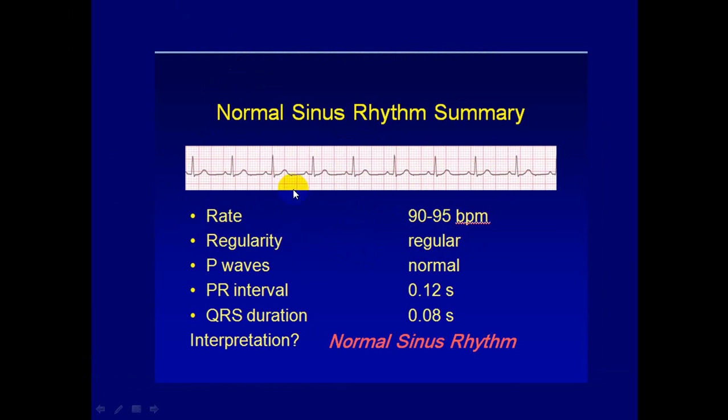The P wave has normal configuration and precedes the QRS complex. Every QRS complex is preceded by a P wave. The P wave is atrial depolarization, and the QRS complex is ventricular depolarization.